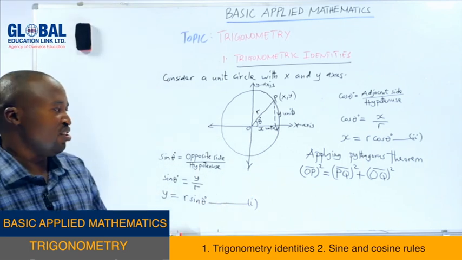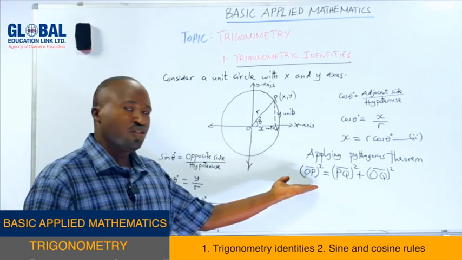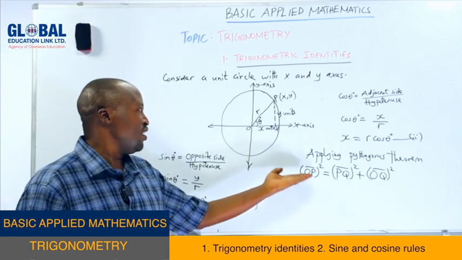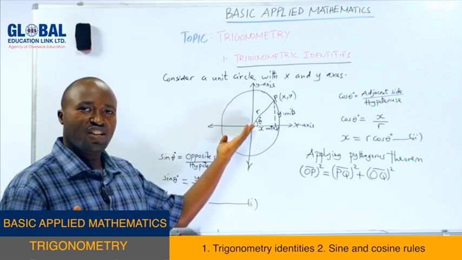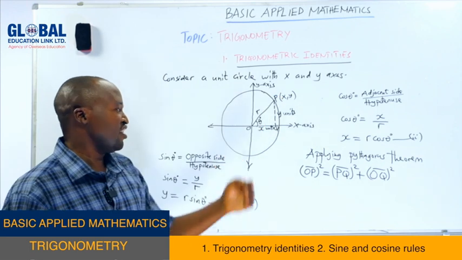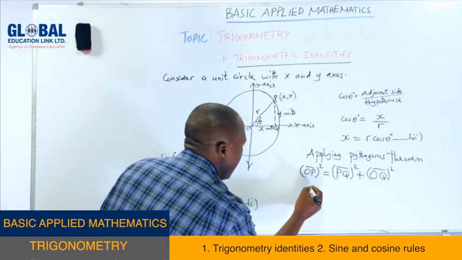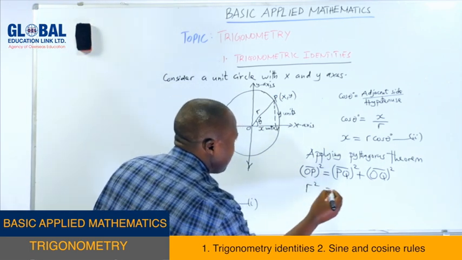That is the Pythagoras theorem. But what is OP? OP is the radius, the distance from the center of the circle to the point of circumference. So here we have r squared.